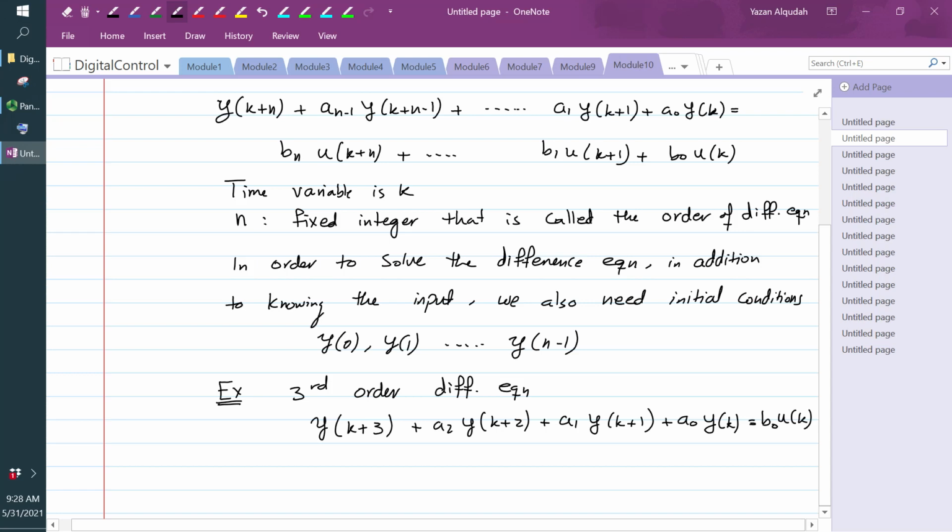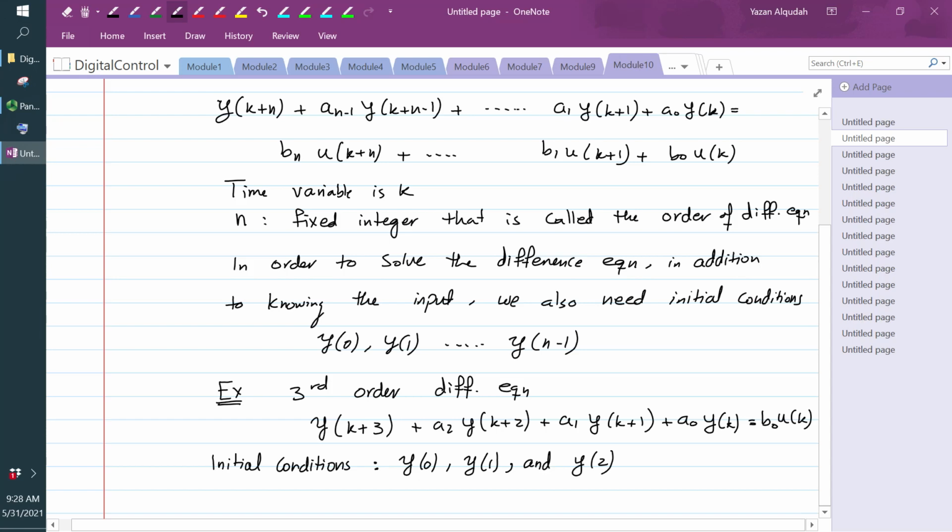Okay, so in this case, what are the initial conditions that we're going to need? We need initial conditions that are y of 0, y of 1, and y of 2. Why?